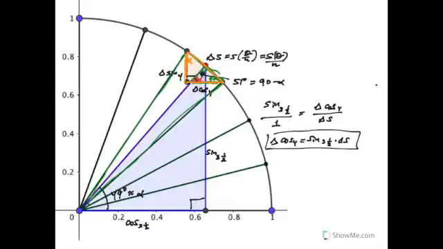If instead I use the side opposite the 51-degree angle, in the blue triangle, it would be cosine 3.5 over the hypotenuse, which is 1.